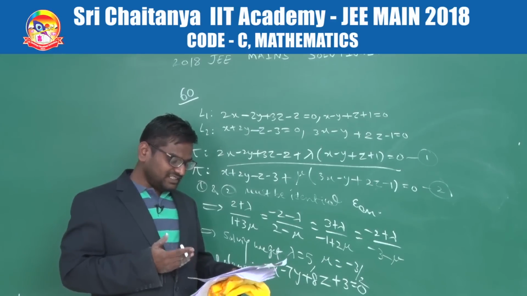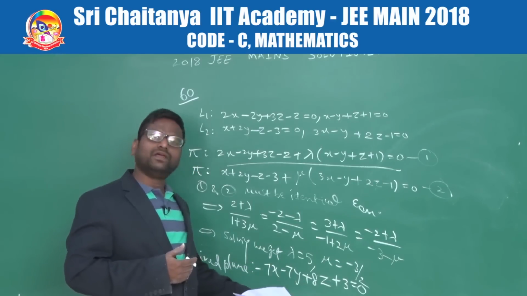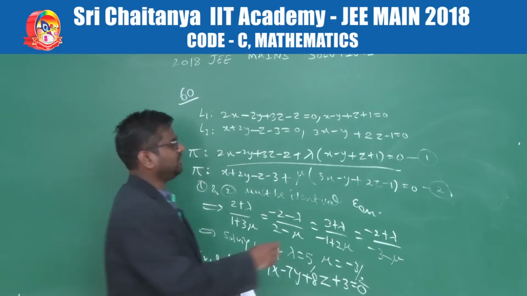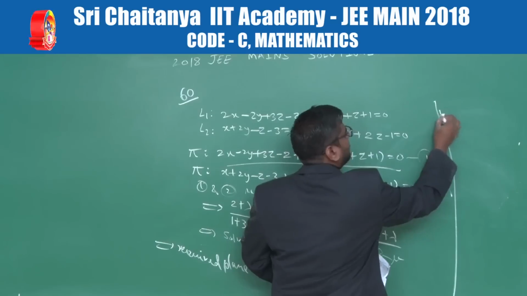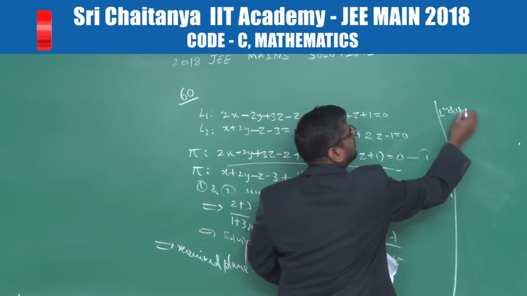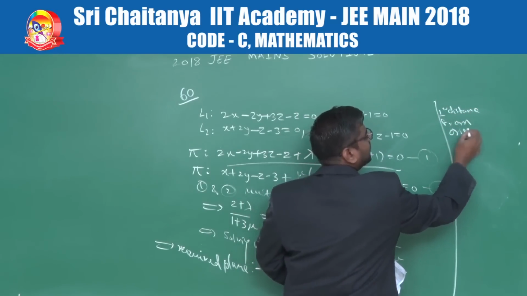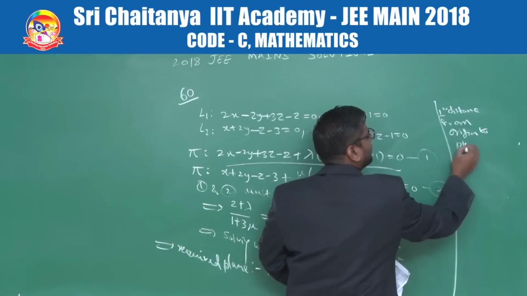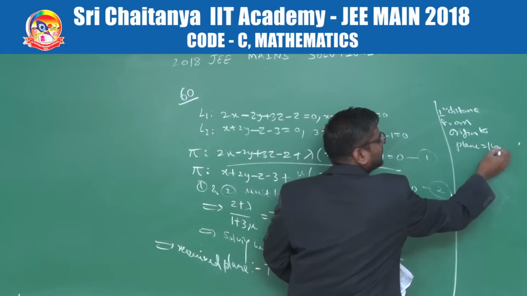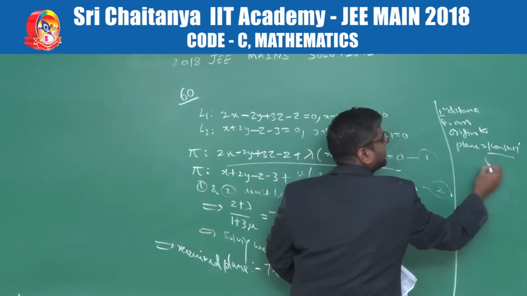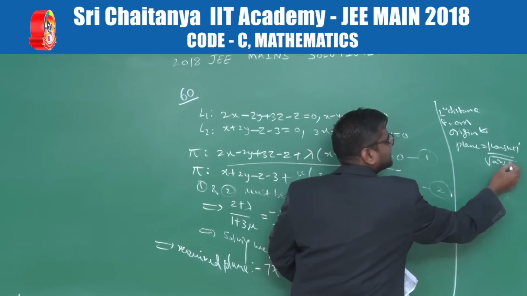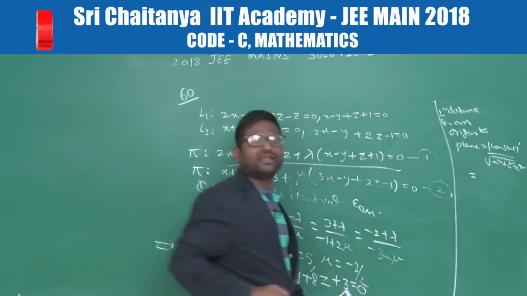What he wants now is the distance of origin to this plane. We know the perpendicular distance from origin to the plane is equal to the mod of the constant term divided by root over a square plus b square plus c square, right.